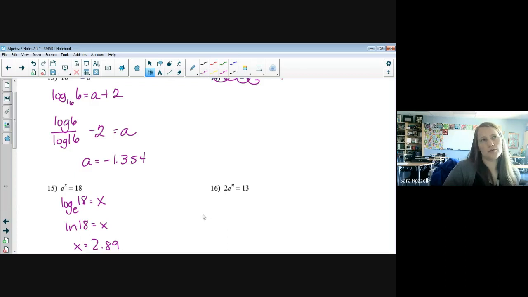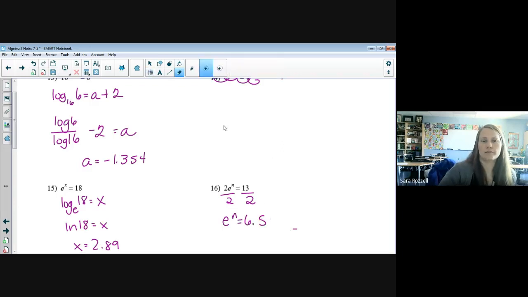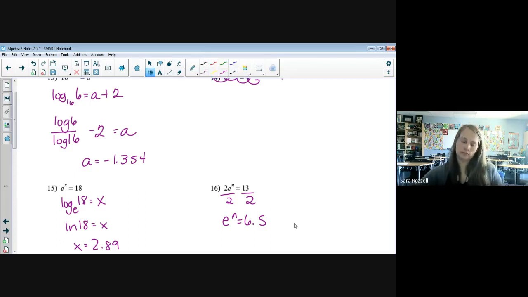Number 16 is similar, but what do we need to get rid of first on 16? The 2, yeah, it's 2 times, so we've got to divide by 2 first, because that 2 is not part of the base, there weren't parentheses. And 13 divided by 2 is 6.5. Now we have e to the n is equal to 6.5. Are we ready to write this as a log? Yep.